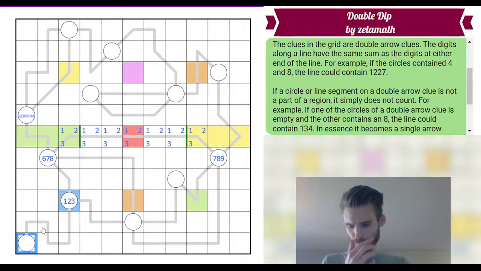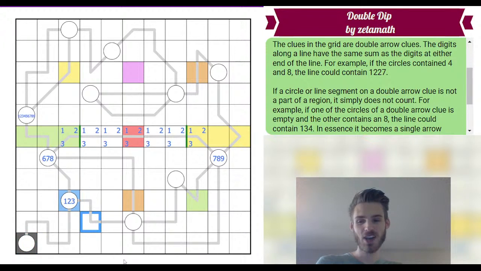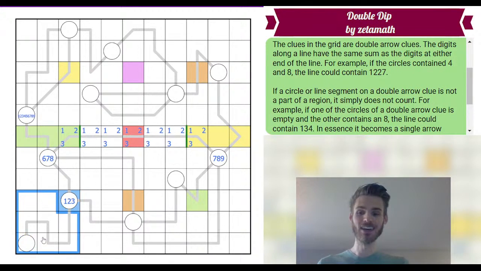I was going to say there's no way that this cell has no digit in it. But then I thought, wait a second. If that cell did have a digit in it, then this would be the case.